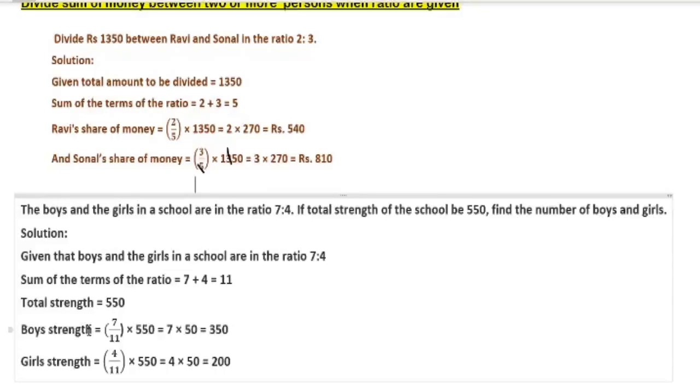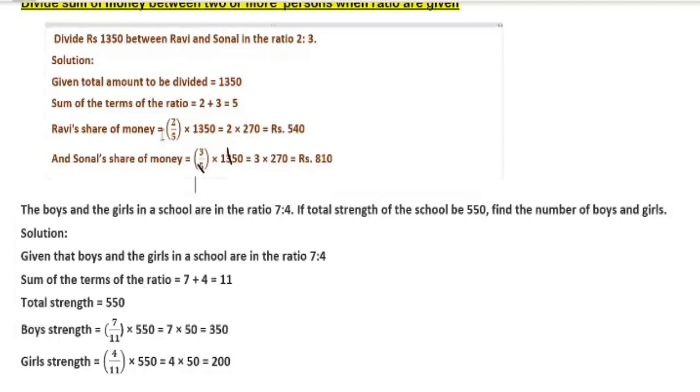So the boys' strength, or number of boys, is 7 by 11. The first term is the number of boys and the second one is the number of girls. So the boys' strength is 7 by 11 into 550, that is 7 into 50, equal to 350. Similarly, girls' strength is 4 by 11 into 550, that is 4 into 50.